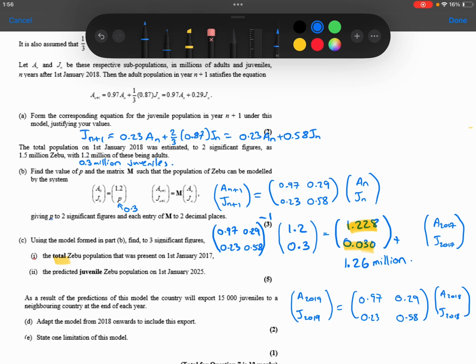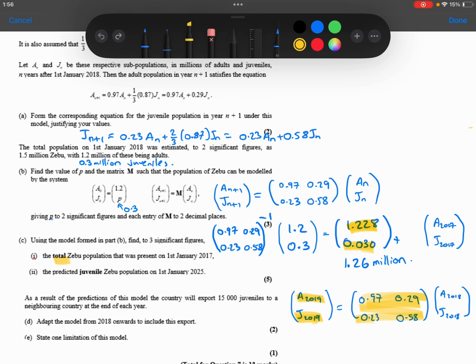Part II says to find the predicted juvenile population on the 1st of January 2025. So I know that I can find the population in 2019 by taking my matrix and multiplying what it was in 2018, which we know.